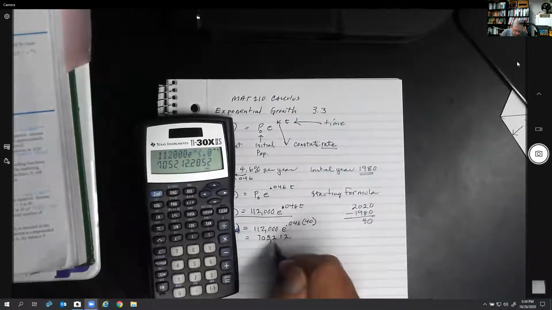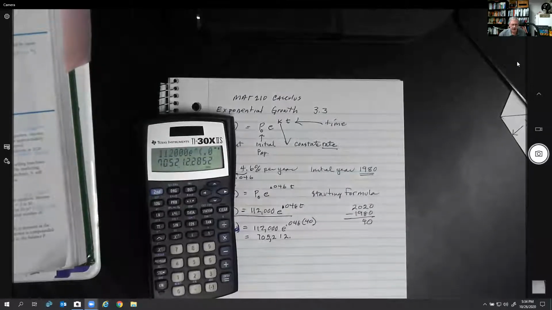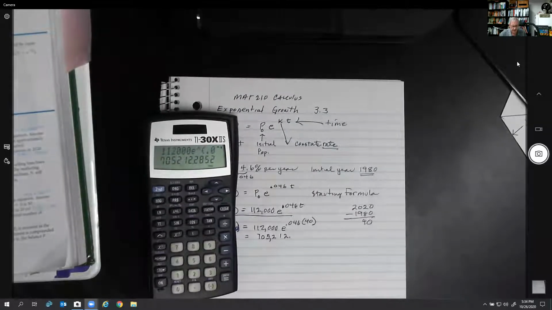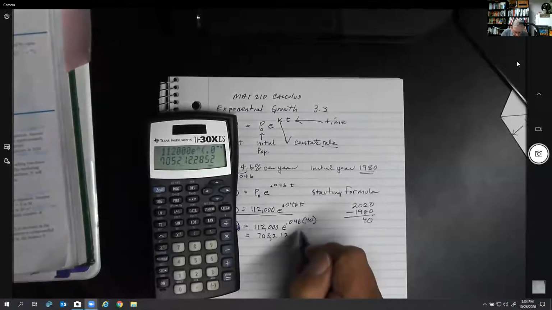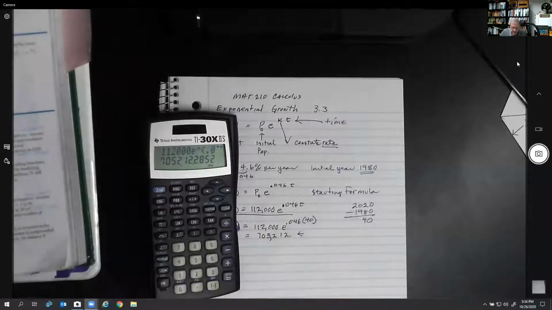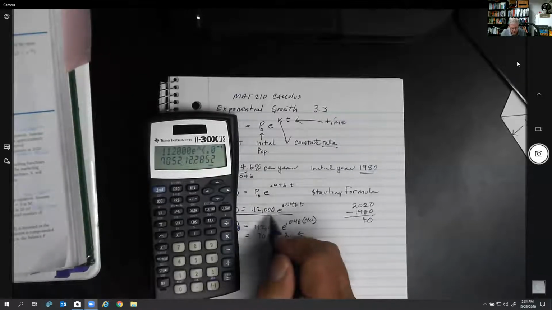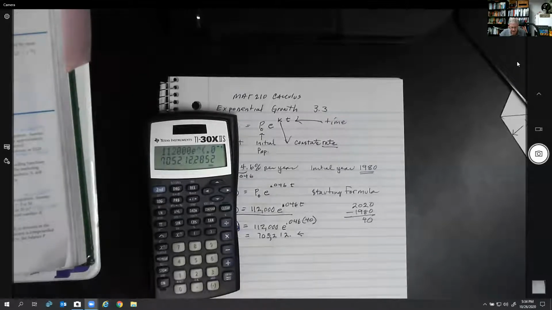So it should be about 705,212 patents in 2020. That's how many are going to be. It's growing at that rate. So about 700,000 patents as compared to 112,000 in 1980.